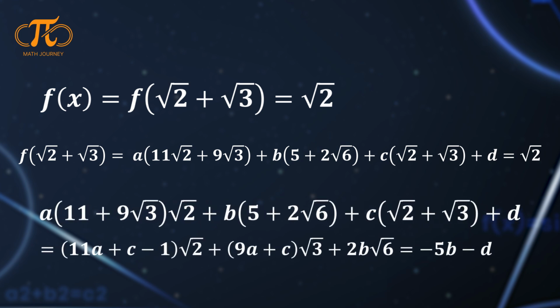Since we're told this equals square root of 2, we'll group like terms to set up equations based on the coefficients of square root of 2, square root of 3, and square root of 6.